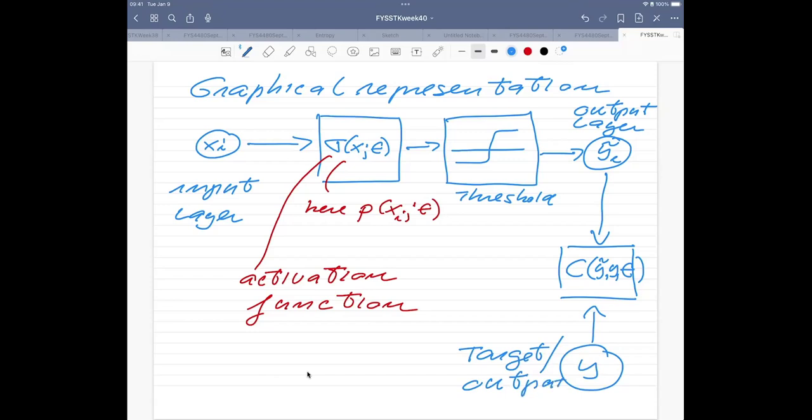Now, I'm going to take away this threshold box, and I'm simply going to call this an activation function. You can think of the combined action here of this function, which you feed a value to, and it produces an output. Then there is a threshold which says that if the value is beyond a certain value, it returns 0, and if it's above a certain value, it returns 1. Does this make sense?